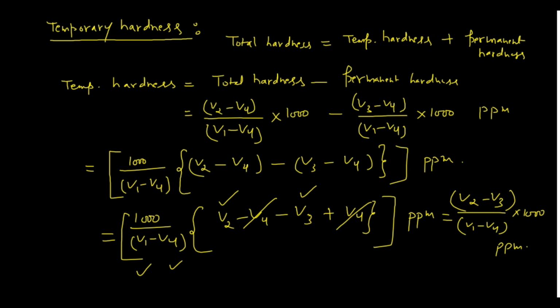So you have three different kinds of expressions, and I can summarize all of them here. Now recall and write along with me in your notes. The total hardness was equal to V2 minus V4 divided by V1 minus V4, in brackets, into 1000.